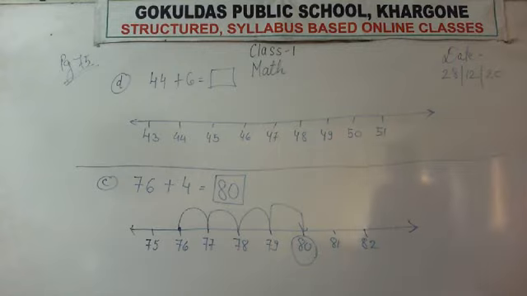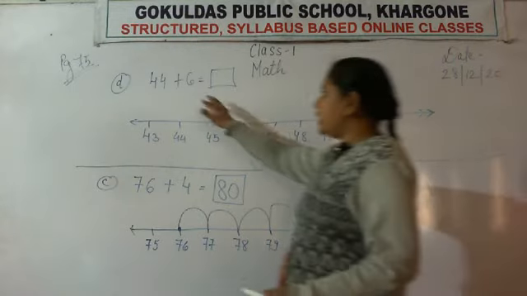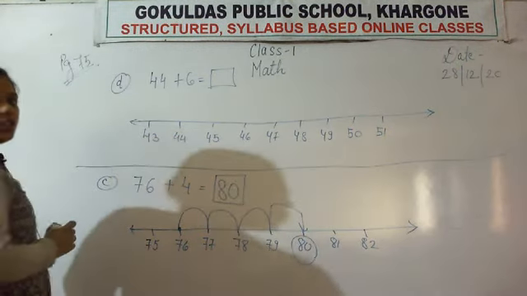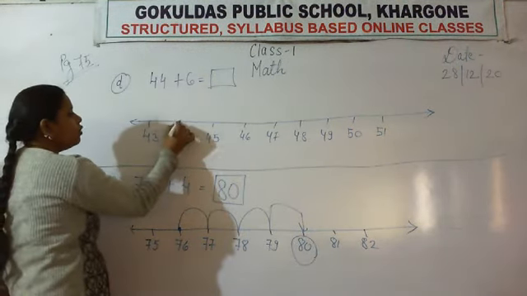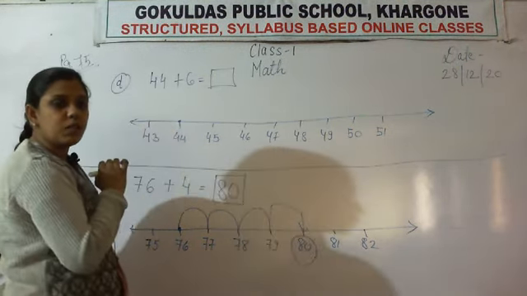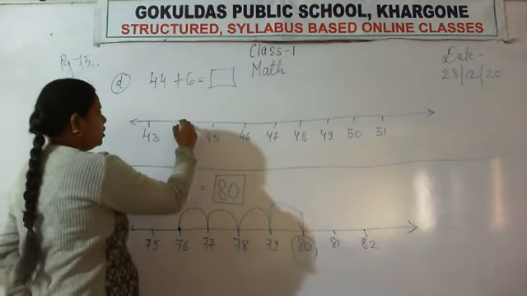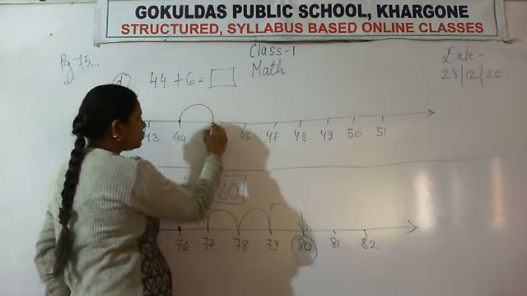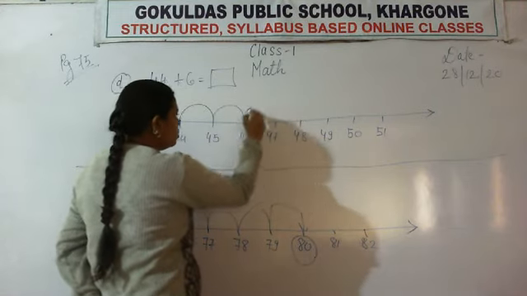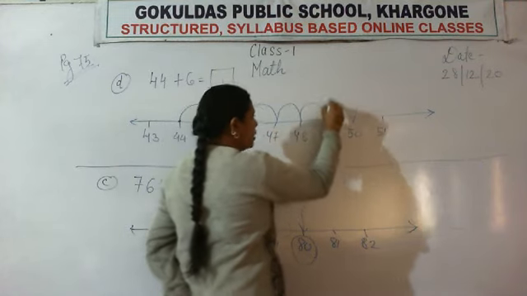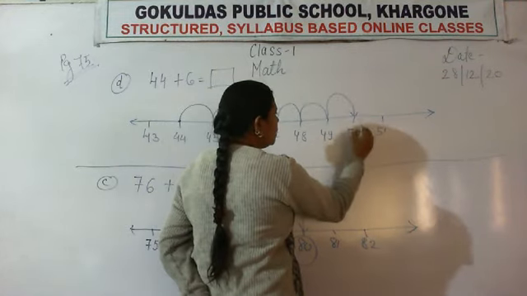What is the question? 44 plus 6. That means we are on which number? We are on number 44. And how many steps do we have to move? We have to move 6 steps forward. So start counting 6 steps. 1, 2, 3, 4, 5 and 6. At which number do we stop?